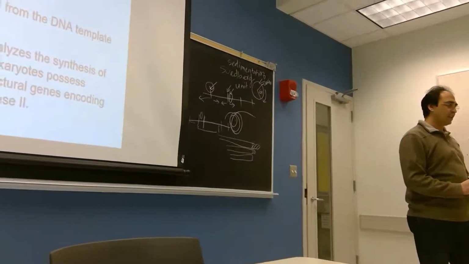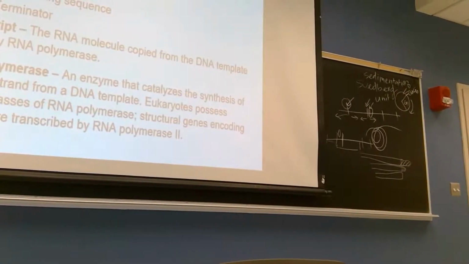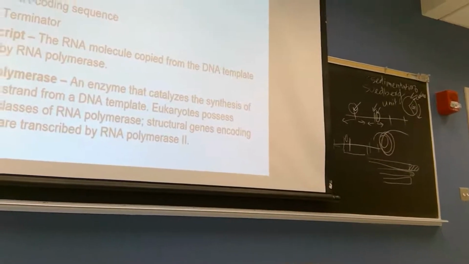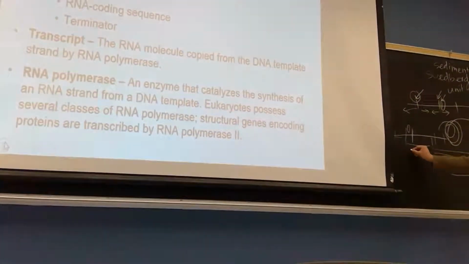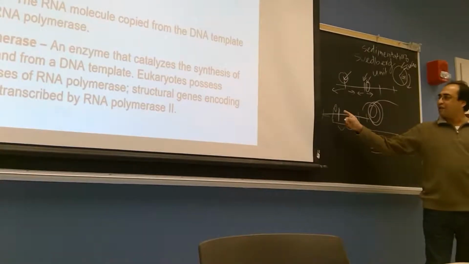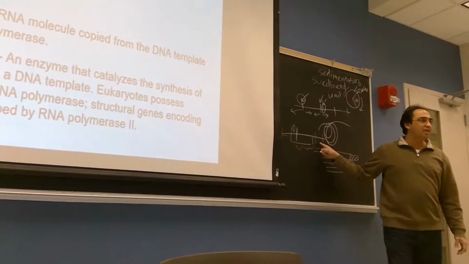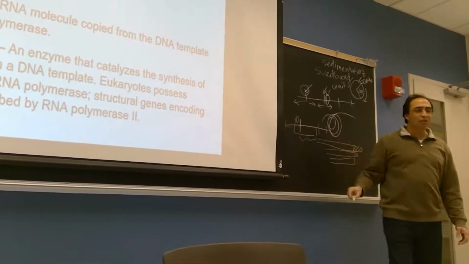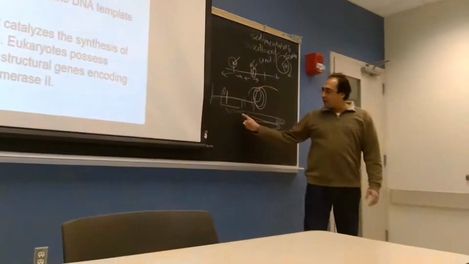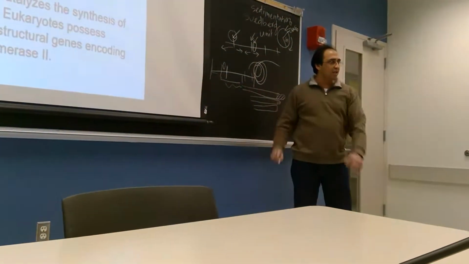No. Why not? Because RNA is produced from this part only. We don't know the sequence of the operator, the promoter, or the terminator. Only this part. So if this is the whole gene, and I know the sequence of mRNA, I cannot know the sequence of the whole gene.